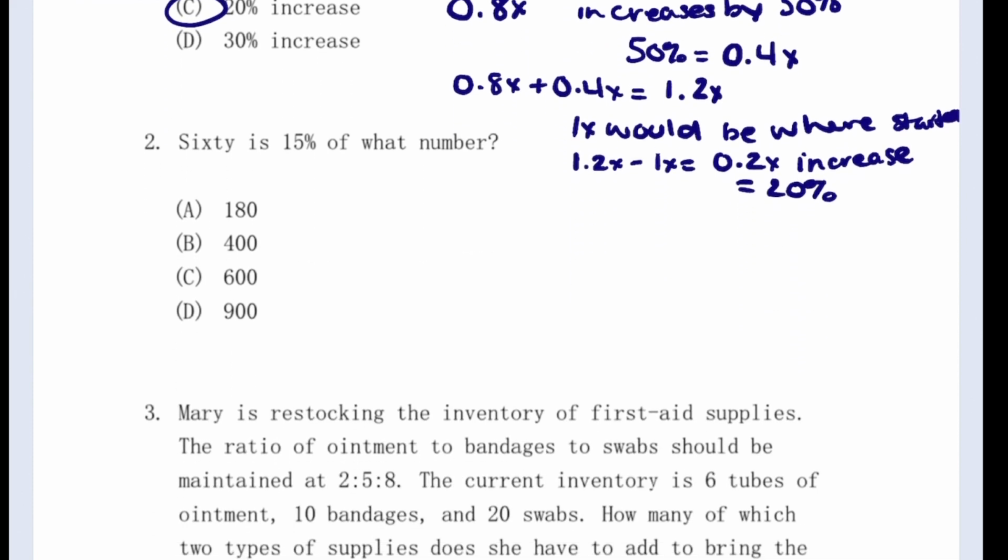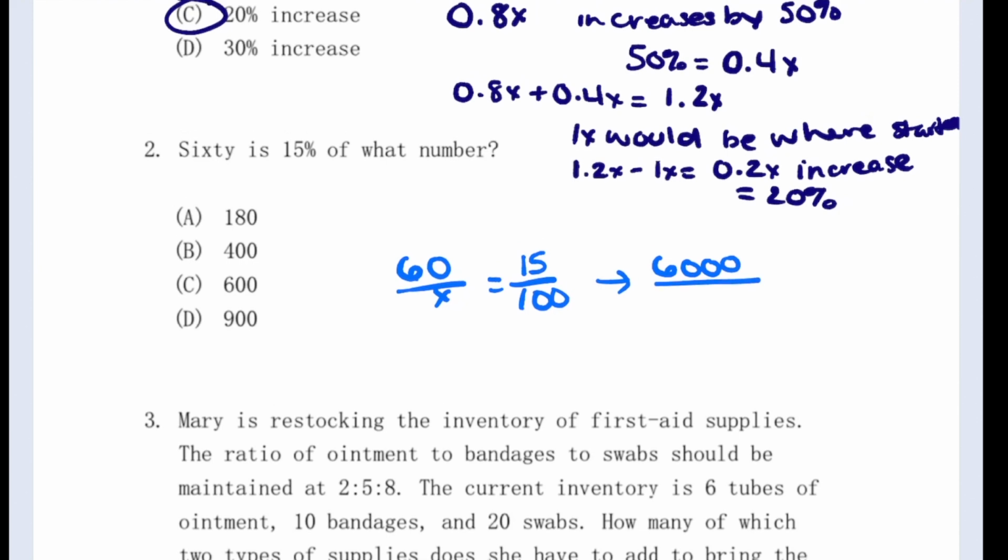This next problem is asking, 60 is 15% of what number? I'm just changing the color for you guys so you can see the two different problems. A way to figure this out is that 60 over an unknown number equals 15 over 100, because 15% is 15 over 100.